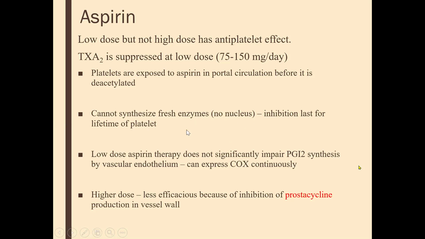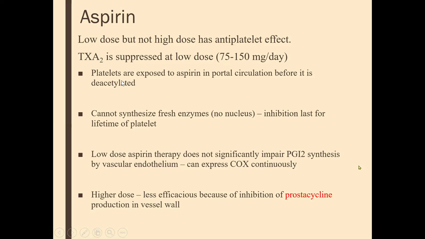That may be about 7 to 10 days. I don't remember exactly, but it's around 7 to 10 or 12 days. The inhibition will last for that period.